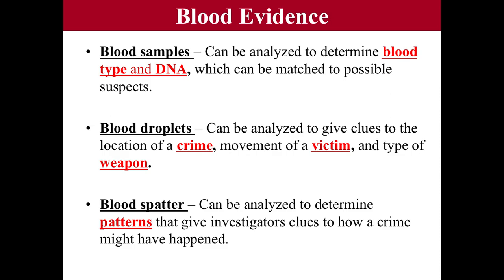Okay, later on in this unit, we'll take a closer look at blood spatter and what type of patterns are out there and what can actually be learned about what happened at the crime scene. Okay, if you know about Dexter or have watched Dexter, he is a blood spatter analyst, and this is what he does as a job. He analyzes blood and determines what happened.